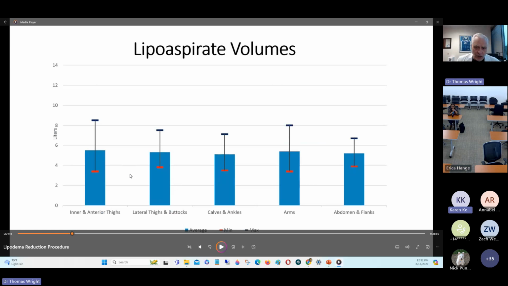On each of the areas, the largest is the inner and anterior thighs. We do stage this and do this in multiple surgeries. I feel like there's a limit to how much liposuction should be done in one.